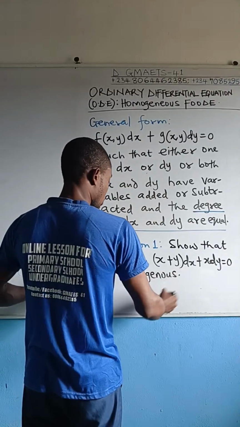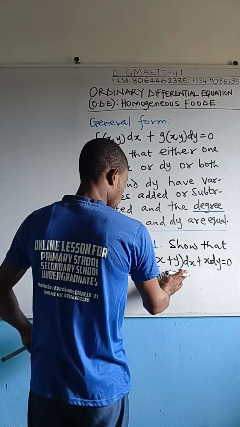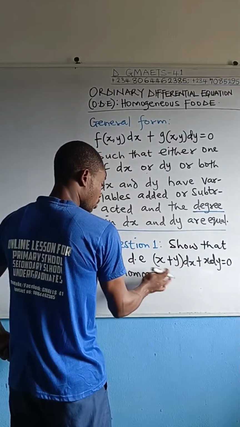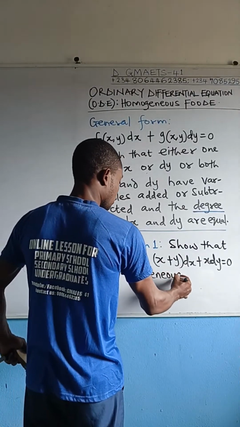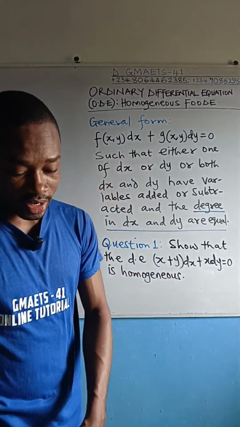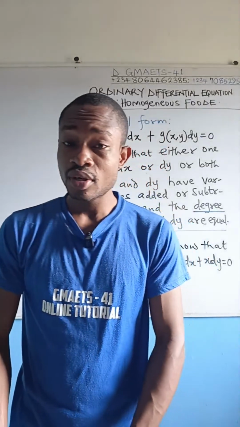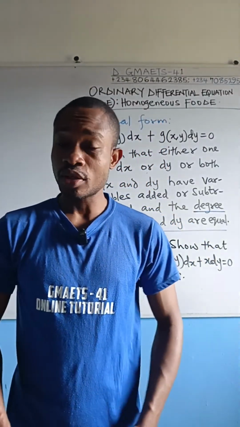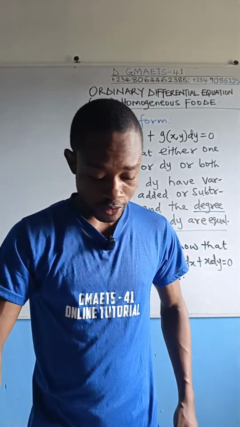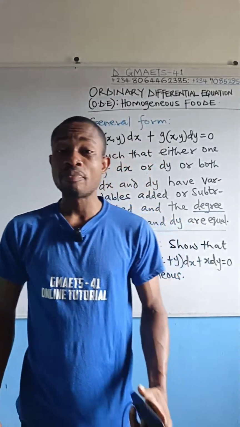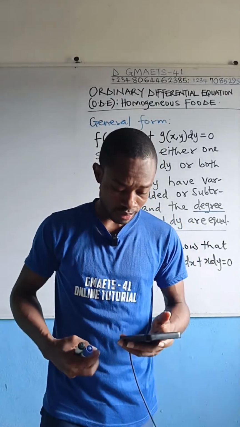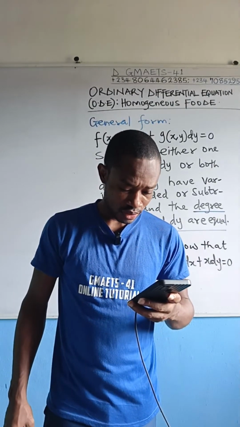So we have to show whether the differential equation you have on the board is homogeneous. It's a form of proving that this equation you have there on the board is homogeneous.